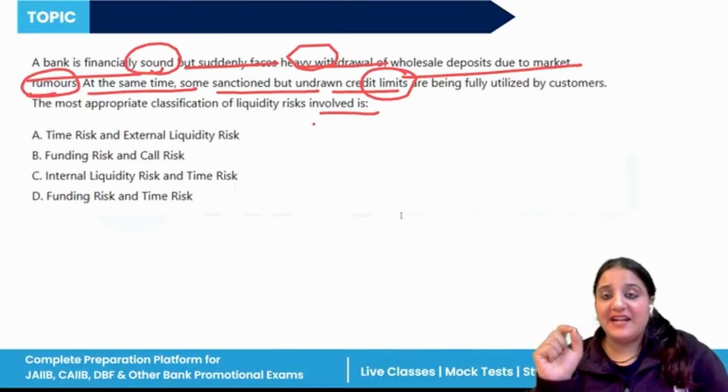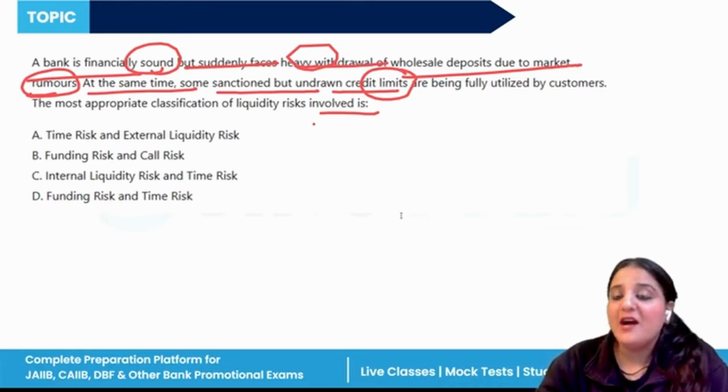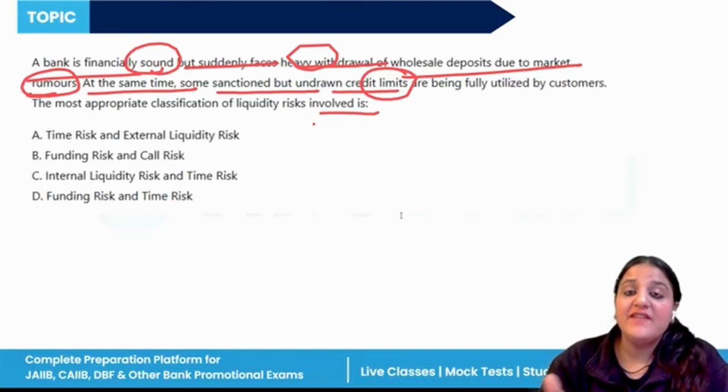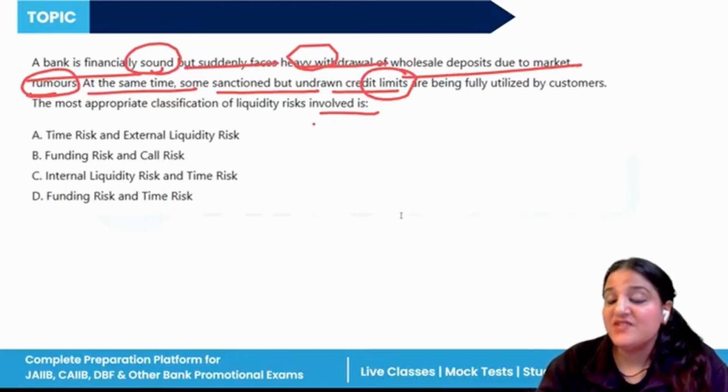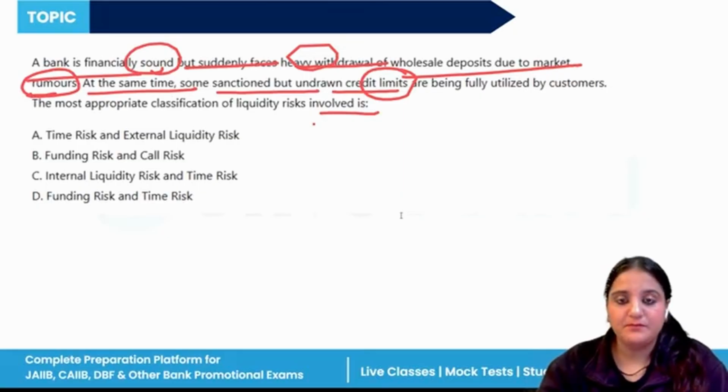Time risk is the risk when expected inflows do not come on time. Funding risk is different; it arises when the bank needs to replace some unexpected outflows, such as premature withdrawal of deposits and non-renewal of deposits. And call risk arises when contingent liabilities become actual liabilities.